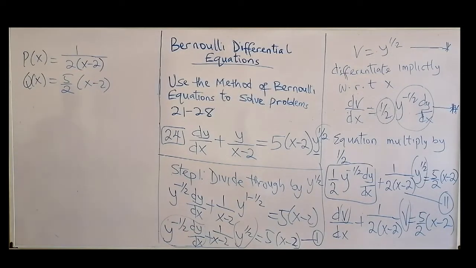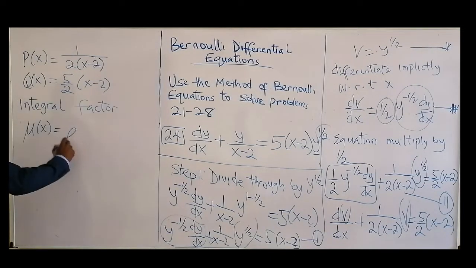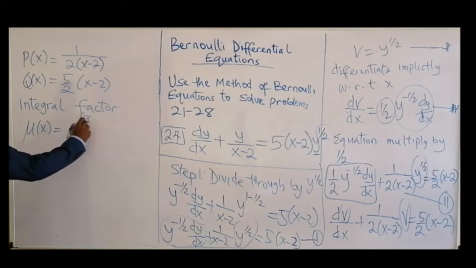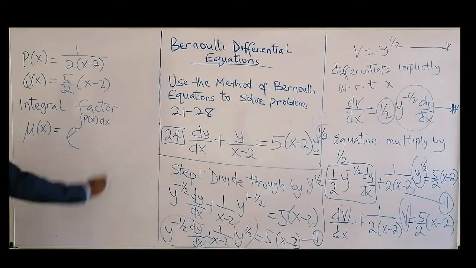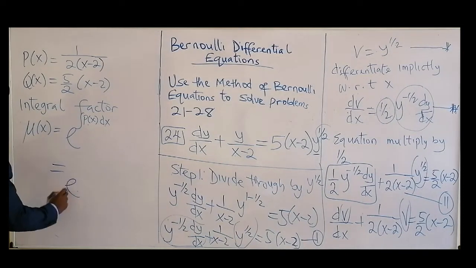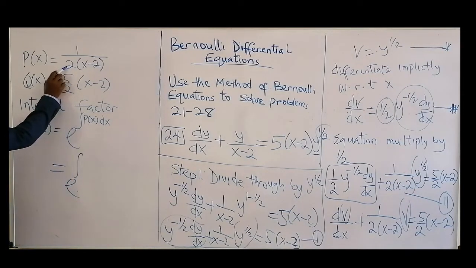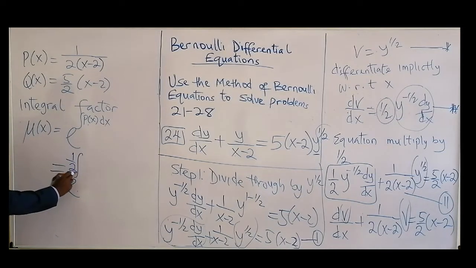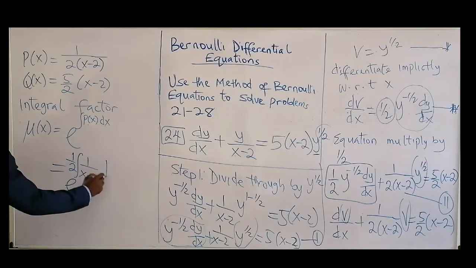Okay, so let's get the integrating factor. e to the power integral of p of x dx. Make a substitution there. So that will be e to the exponential integral, then p of x is this 1 over 2, which can be outside the integration, times 1 over x minus 2 dx.